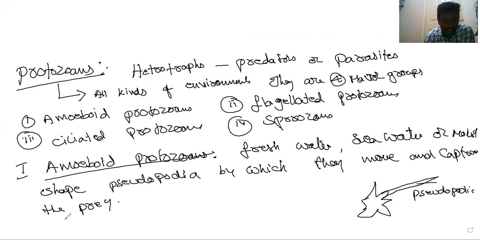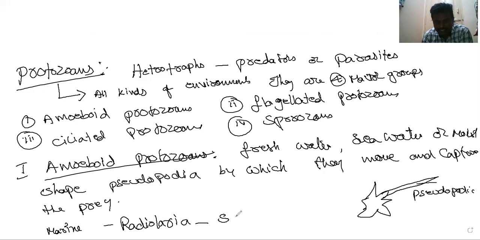Some live in marine habitats; marine forms are radiolaria. They have silica shells on their surface.